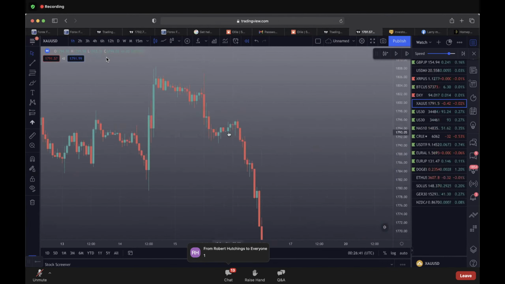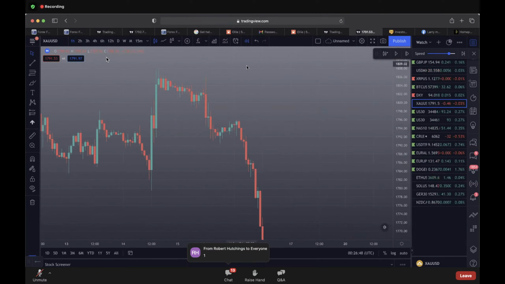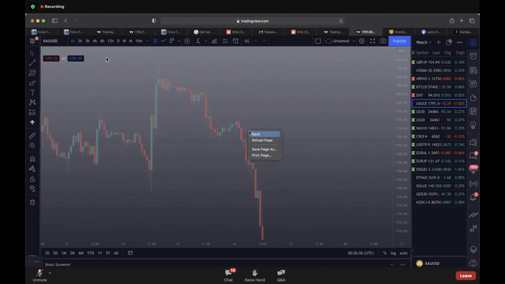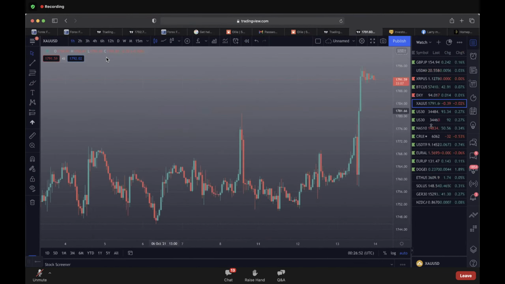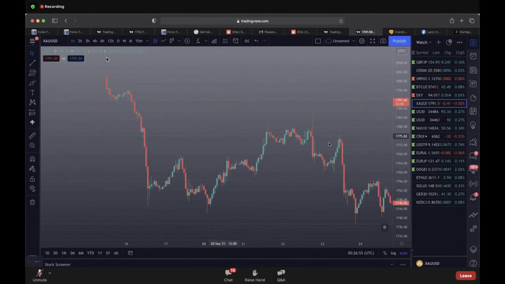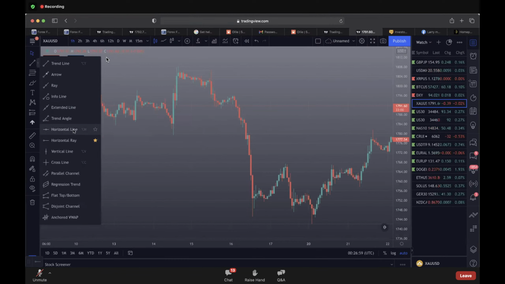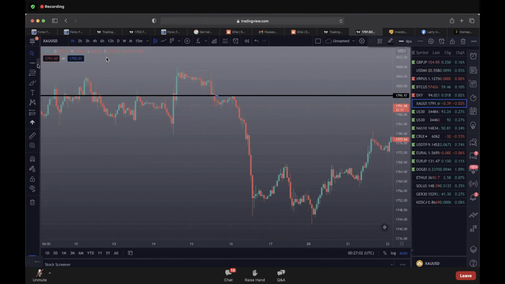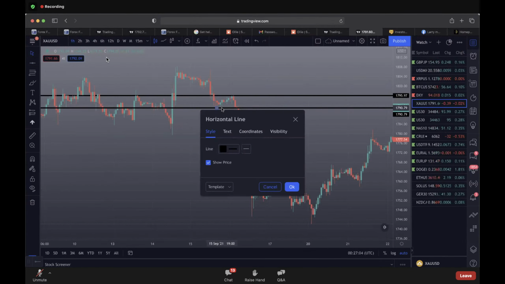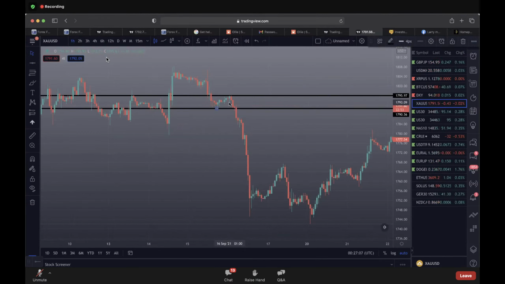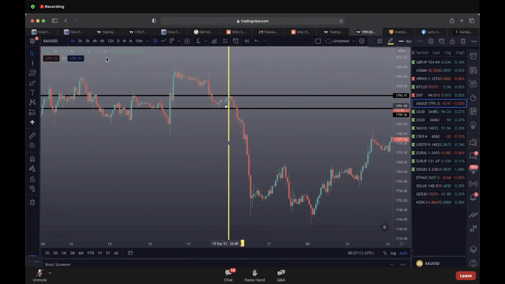Now, 22 o'clock, 23 o'clock. This is the time frame of consolidation, right? 22 o'clock, 23 o'clock, 00, all right? Price has to break the high or low. Right? So high or low.